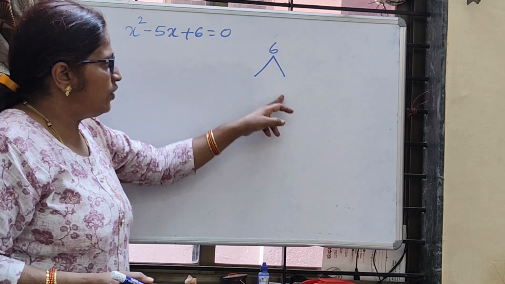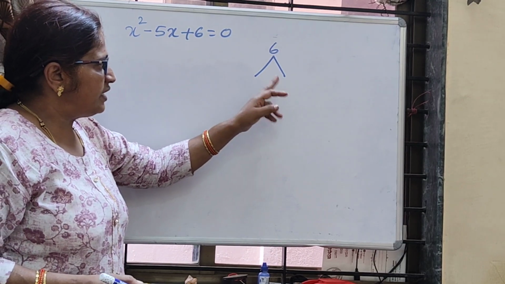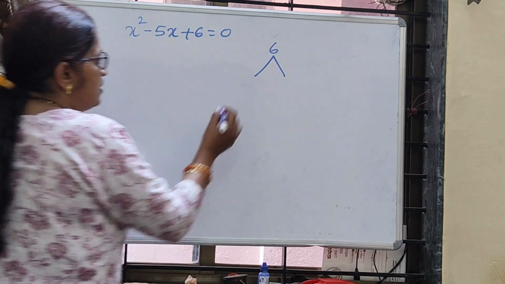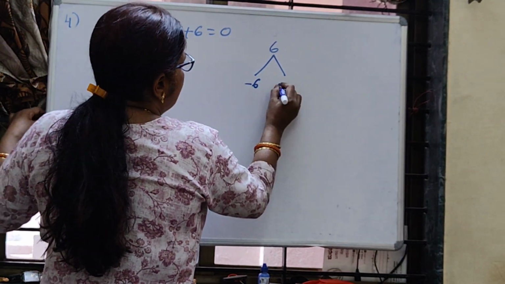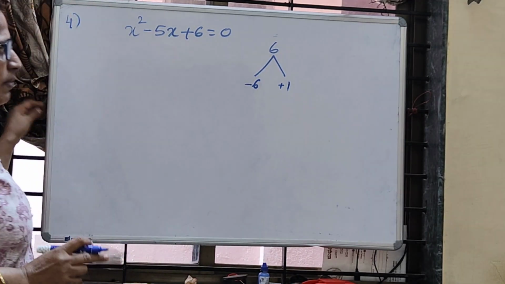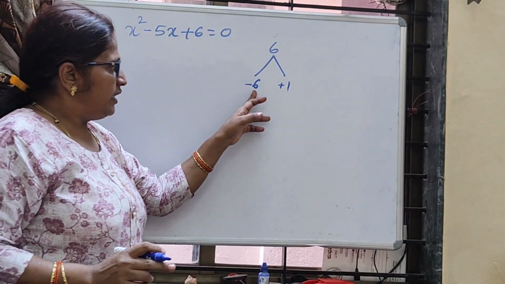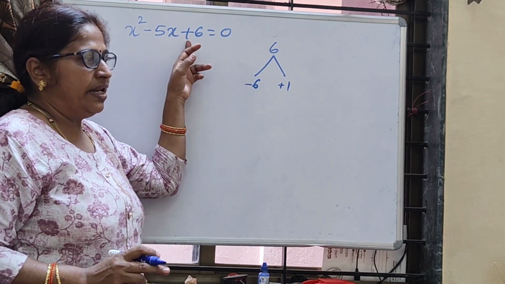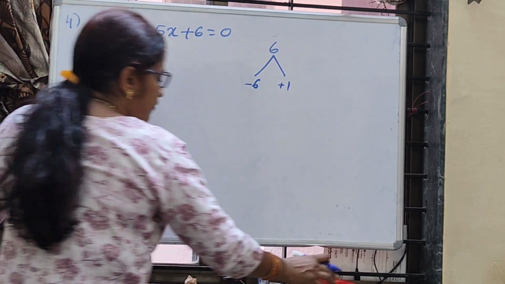If you take 1 into 6, when you subtract you get minus 5, correct. But when you multiply, 6 ones are 6, minus into plus will be minus. So these are not the factors.